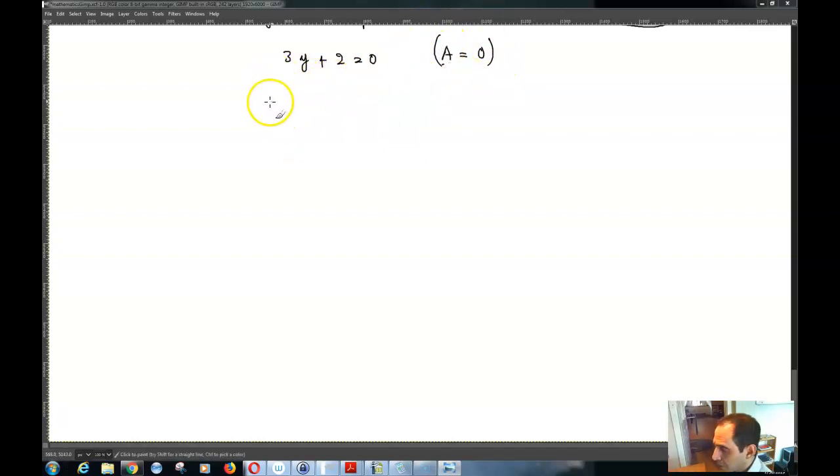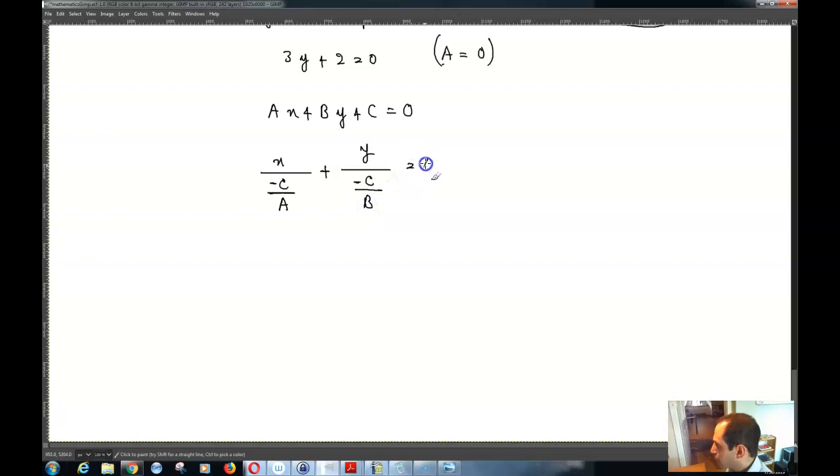Your equation is ax plus by plus c is equal to 0, and through the process you write this as x over negative c over a plus y over negative c over b is equal to 1. As you can see here, you're dividing by a, which is not possible.